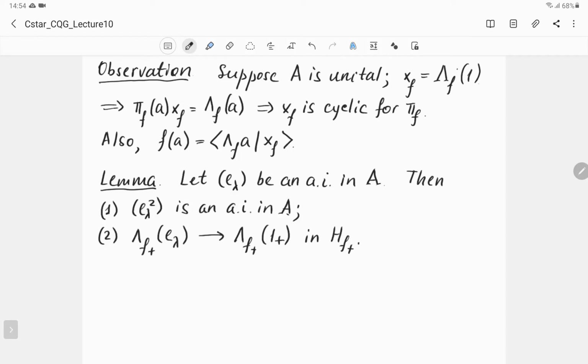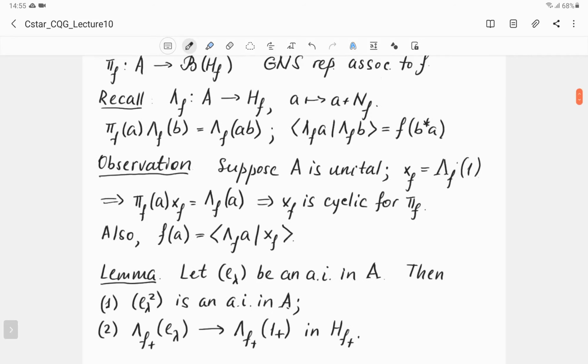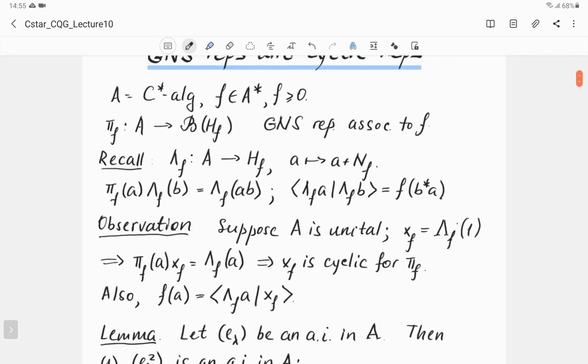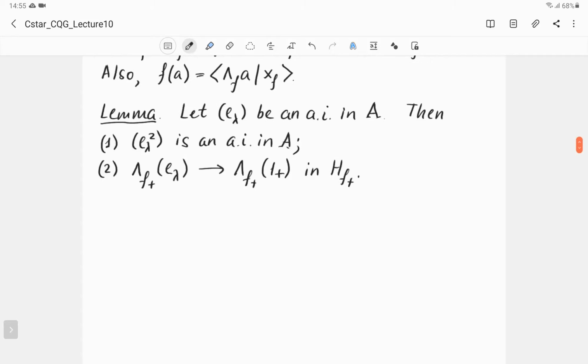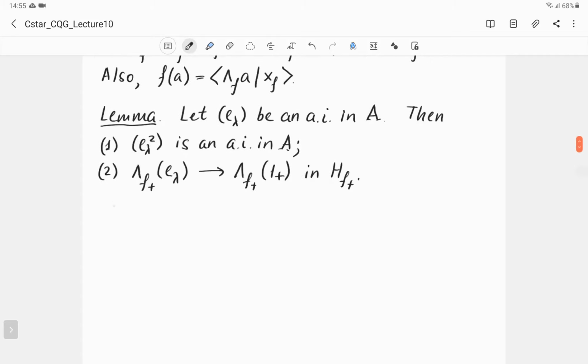Oh, by the way, maybe it's appropriate to recall what f plus is. So f plus is the canonical extension of f. So f was a positive functional on A, and we know that each positive functional has a canonical extension to the unitization. So let me recall how this f plus is constructed.